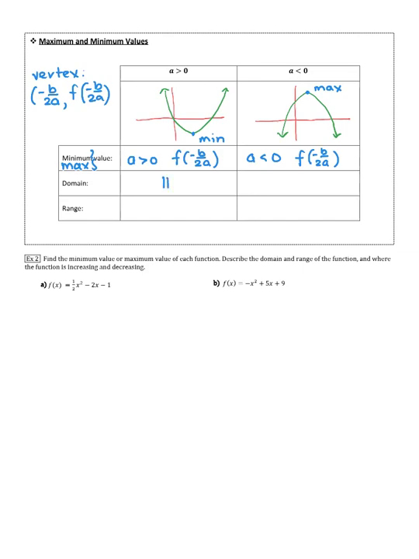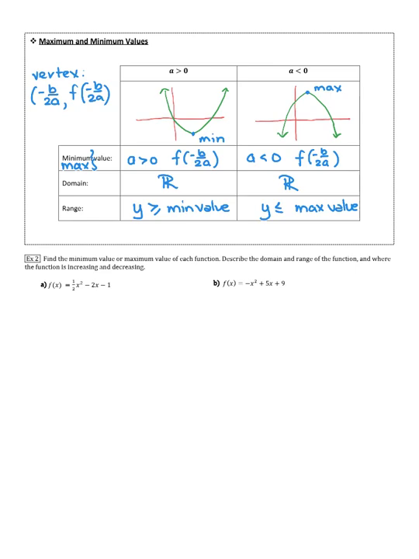The domain is always going to be all real numbers. Your range is going to depend. So if it is a minimum value, you're going to be greater than or equal to the minimum value. If you are a frown, then your y's are going to be less than or equal to whatever the maximum value is.